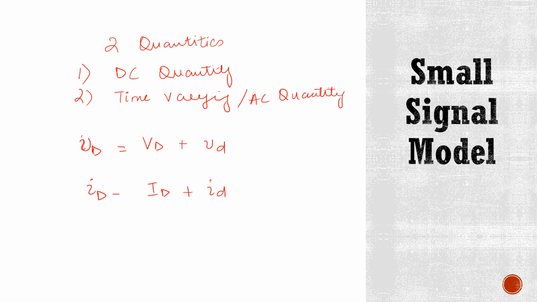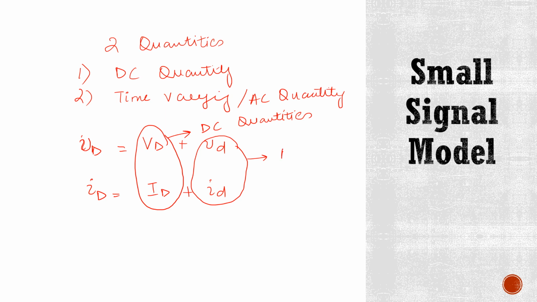Now here these terms are representing DC quantities. Note that they are written in uppercase with uppercase subscript, and here these terms are representing AC or time varying quantities, and they are written in lowercase with lowercase subscript.